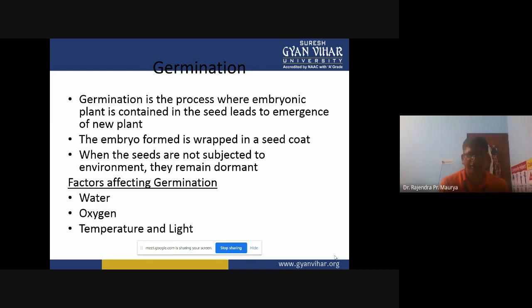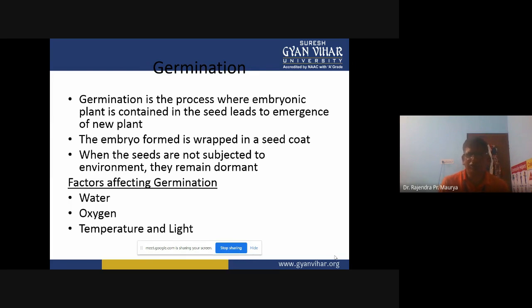That is important in stratification. And next one, light. Light also plays a very important role, because some seeds can germinate in the dark and some may germinate in red light, or blue light, etc. So light is also important for a better germination percentage.